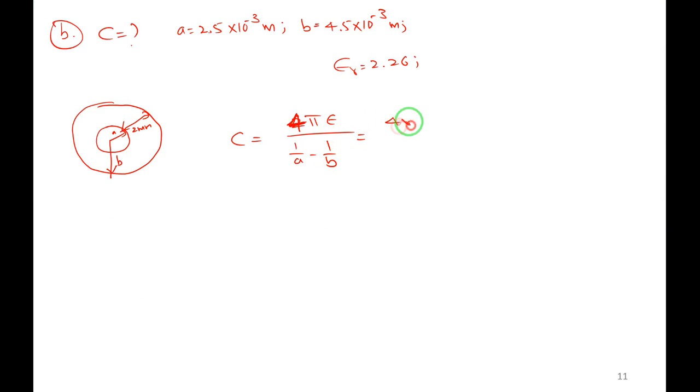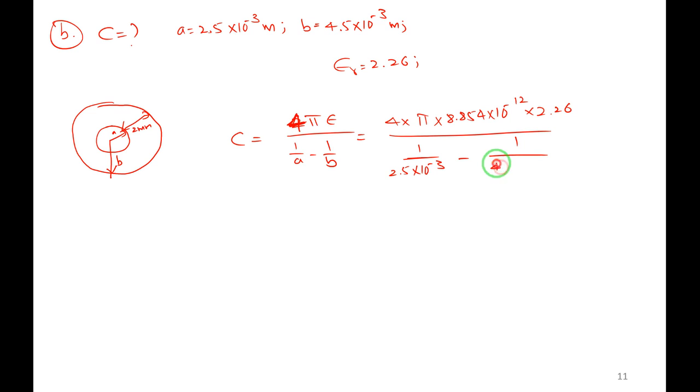Okay, 4 into pi into epsilon is nothing but epsilon naught into epsilon r. Epsilon naught is 8.854 into 10 power minus 12 and epsilon r is 2.26, divided by 1 by a, 2.5 into 10 power minus 3, minus 1 by b, that is 4.5 into 10 power minus 3. What I will do, first I will subtract this, I will take inverse, then I will multiply with this numerator.